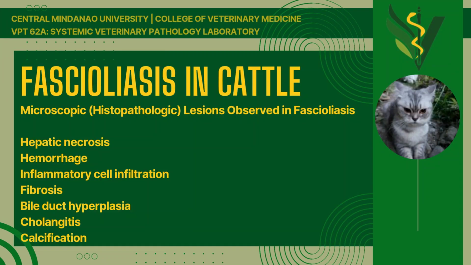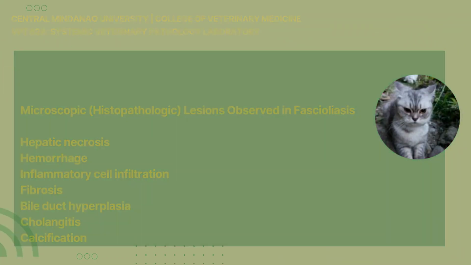Inflammatory cell infiltration, specifically eosinophilic infiltration due to the associated parasitic infestation. Fibrosis replacing the functional parenchyma. Bile duct hyperplasia, wherein the bile duct would increase in number, resulting in the gross lesion of thickened biliary ducts. Cholangitis is also present as well as calcification.